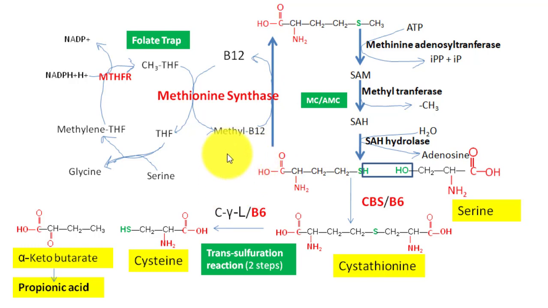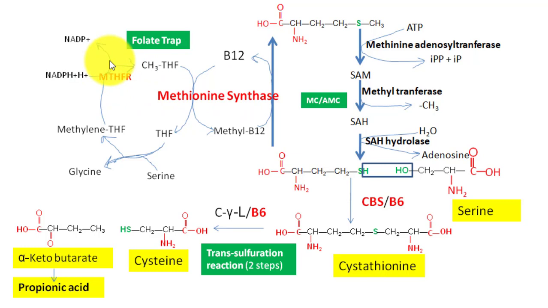But what about methionine? Methionine will be low. And that is why vitamin B12 and folate associated metabolic disorders will have high homocysteine but low methionine.